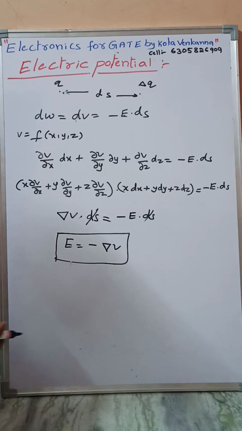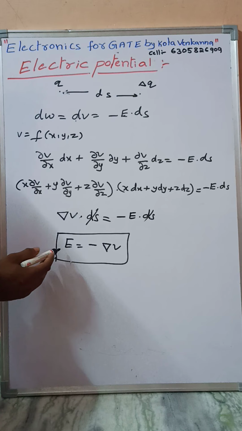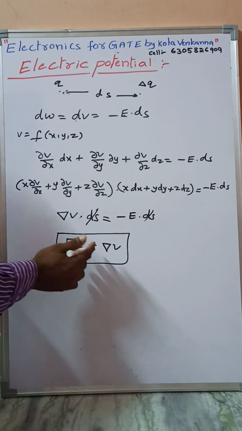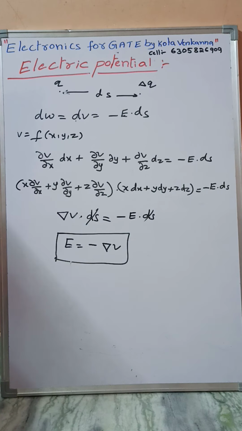Del V is indicated as the potential gradient. So electric field strength is equal to the negative of the potential gradient. This is the relation between electric field and potential. E is equal to minus del V.